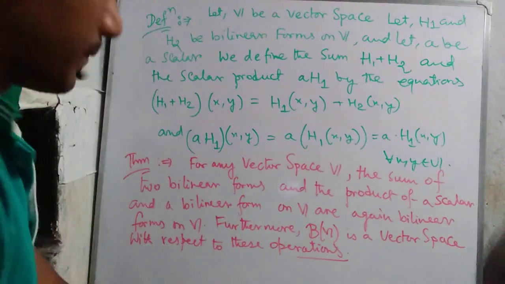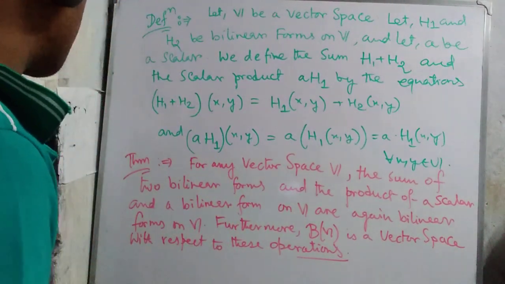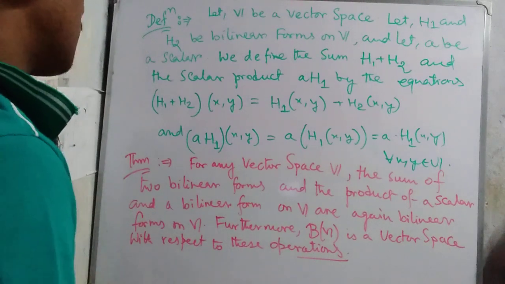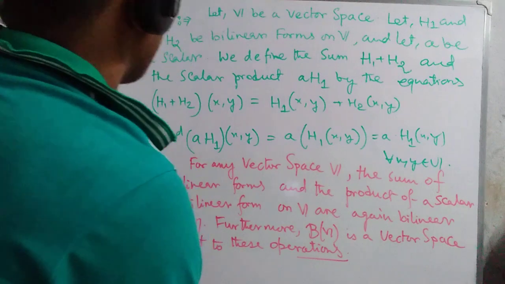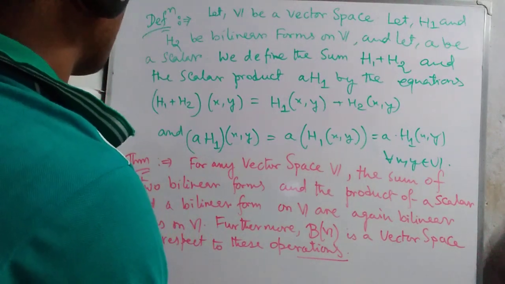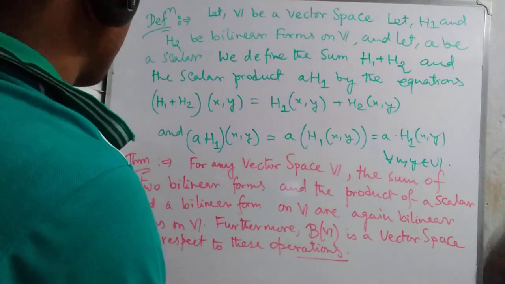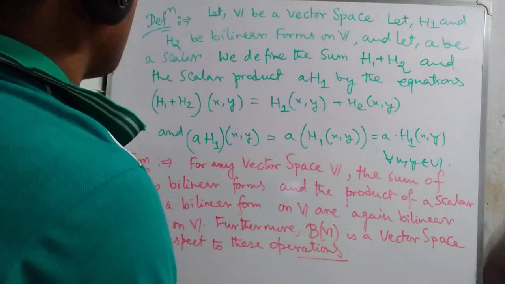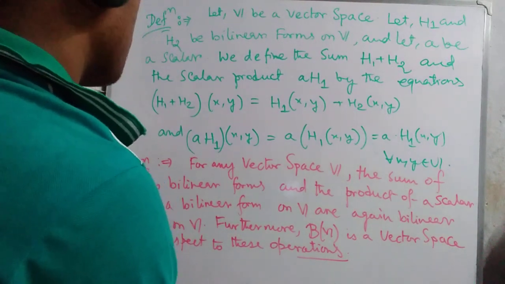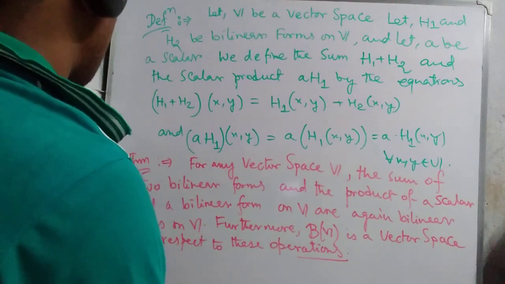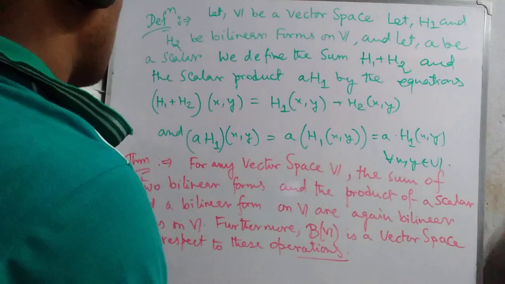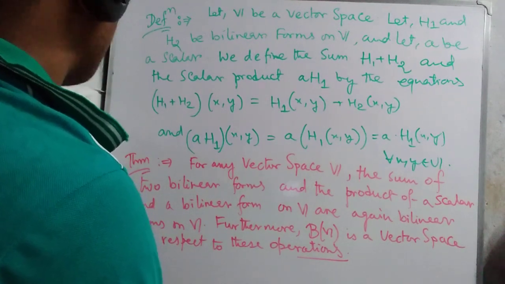Okay, BV is a vector space with respect to this operation. That means addition and scalar product of bilinear forms. The sum of two bilinear forms and the product of a scalar and a bilinear form on V are again bilinear forms.